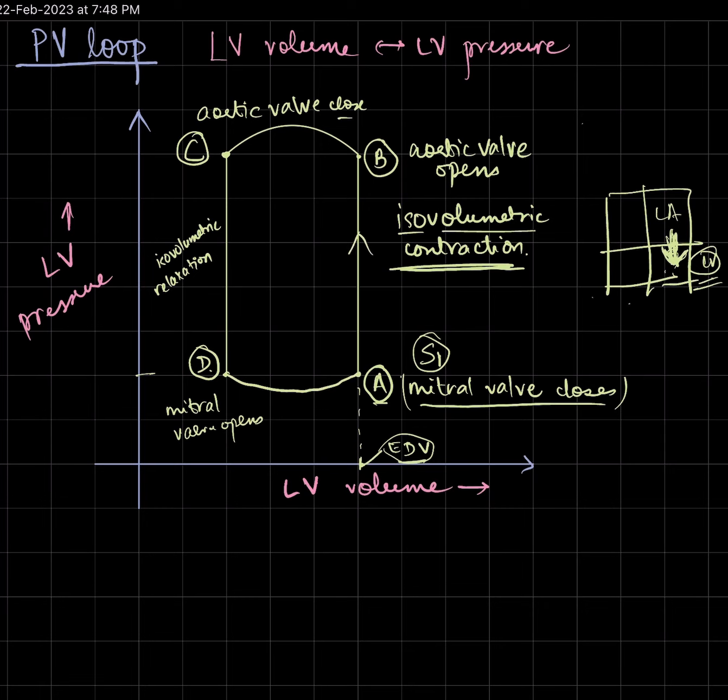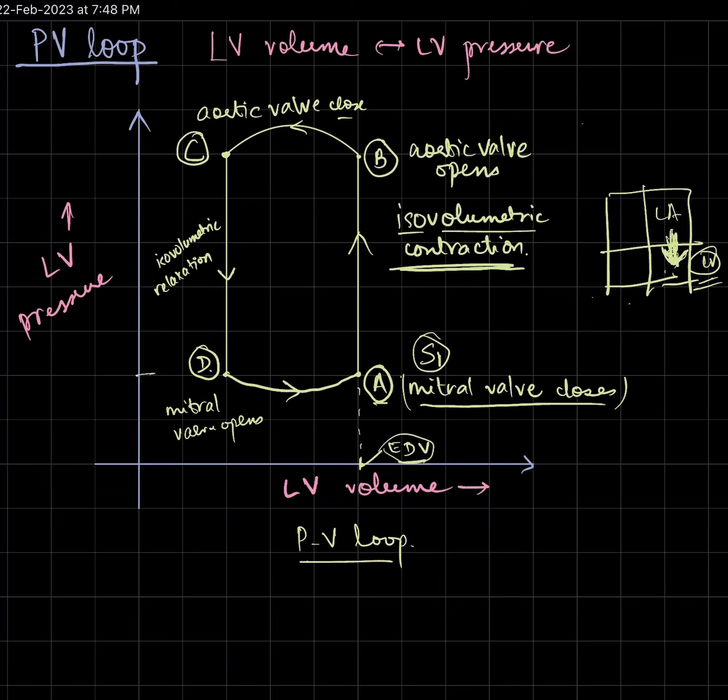So we went from point A to point B to point C to point D and then again to A. This is how it completely goes, and this is what you call a normal pressure volume loop.